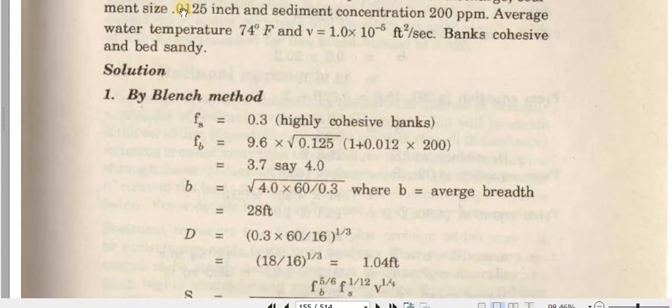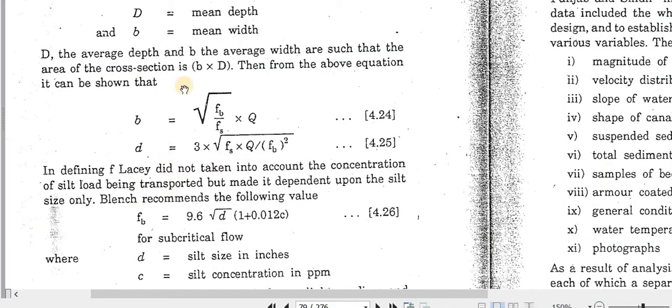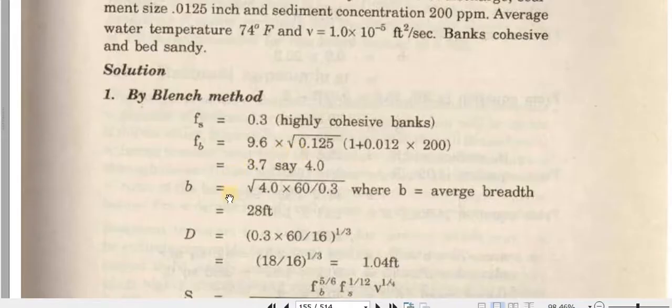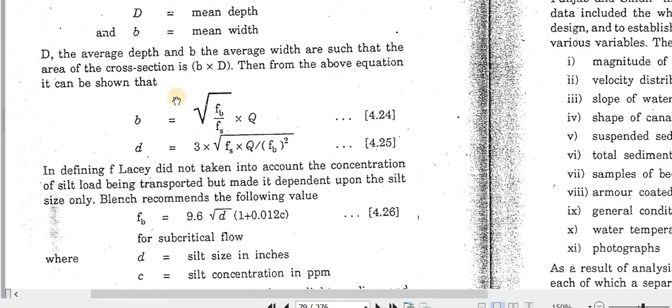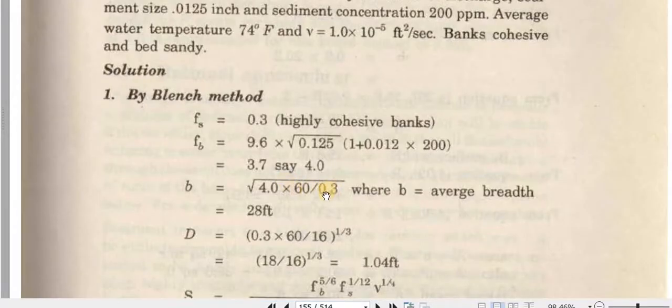So particle size is 0.125 inch, so FB will be equal to 3.7, say 4.0, and then we will use the equation of B, this one, which is equal to FB or FS into Q. We will use this equation, and B is average breadth.